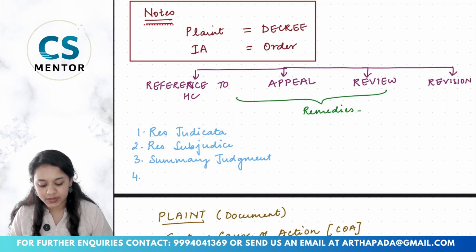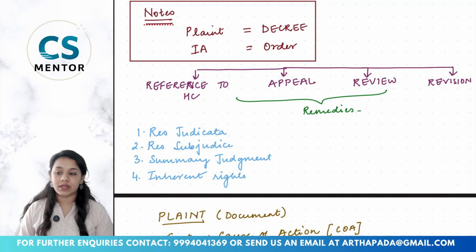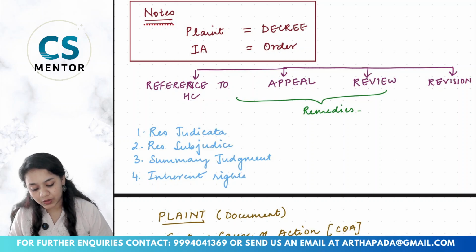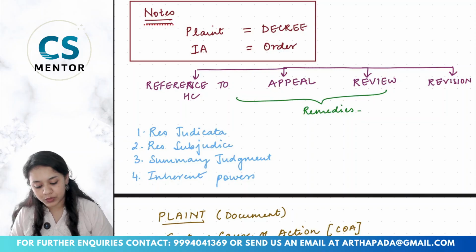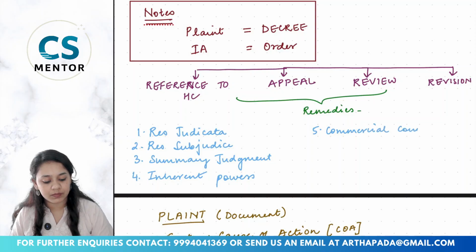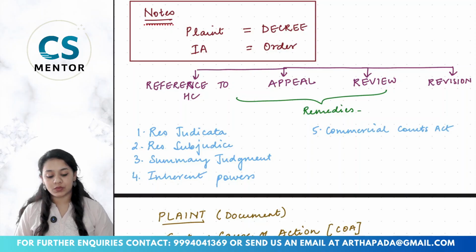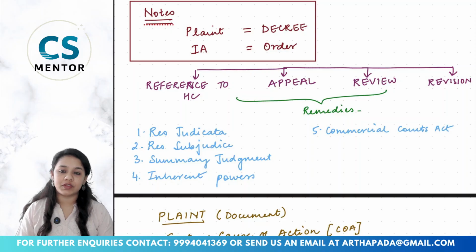Then we will be looking at something known as inherent rights of the court, the inherent powers of the court. Okay. And then we will be studying a little bit about the Commercial Courts Act.